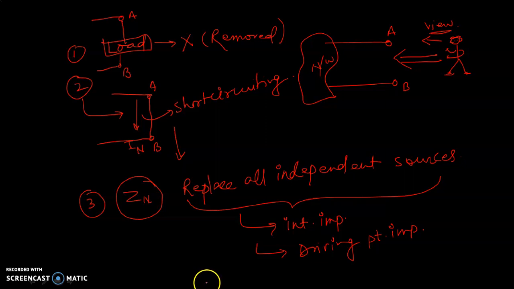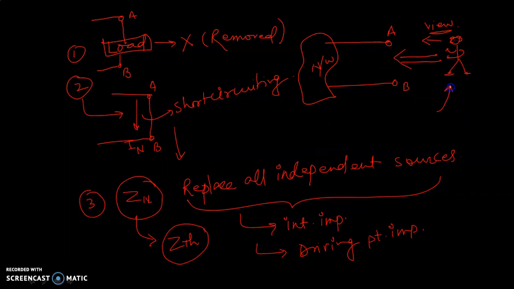This is Zn and it is equal to Zth. We have studied just now, just before this slide, that Zn is actually your Zth, which is your driving point impedance as seen from the load terminal AB.